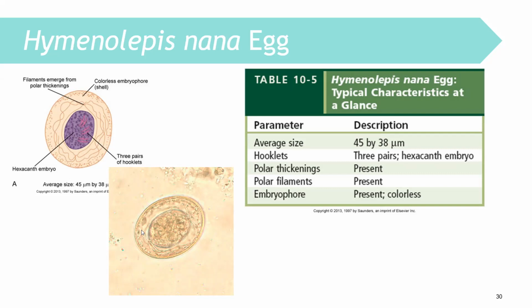But what makes diminuta different from nana is the presence of 4 to 8 polar filaments. Take note, the presence of the 4 to 8 polar filaments in the egg of nana makes it different from diminuta. Then of course the size will do.